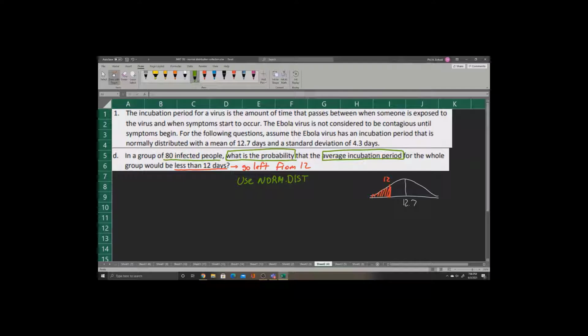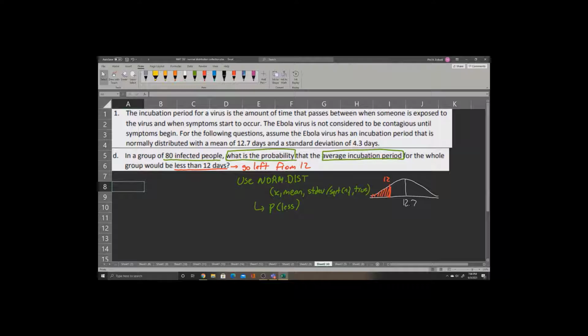Because we're looking for an average incubation period, we'll use x, comma, mean, comma, standard deviation over square root n, comma, true. From this, we will get p less. Now, we're not interested in being greater this time because the question says that we want the less because we shaded on the left side of this graph.